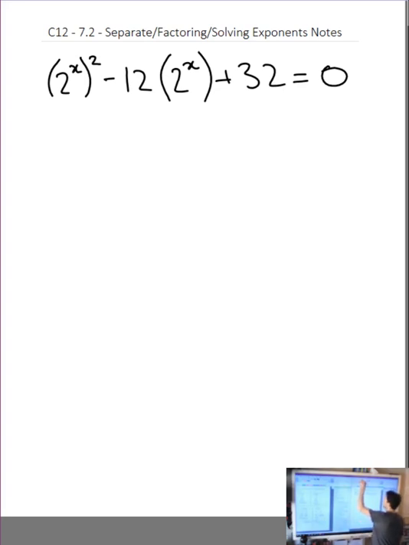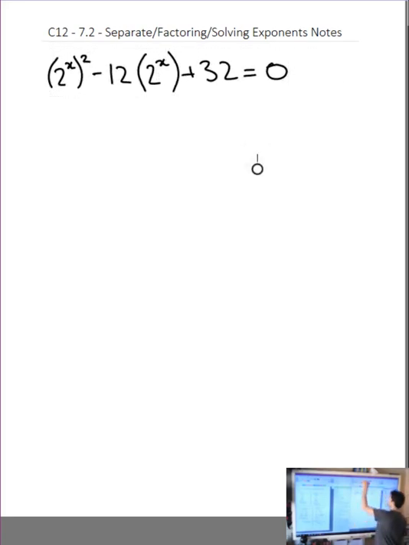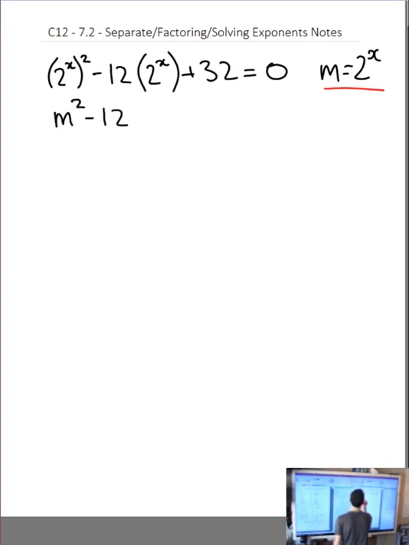So now I am going to let m equal 2 to the x. Now I'm going to replace 2 to the x with m wherever I see it. So m squared minus 12m plus 32 equals 0.